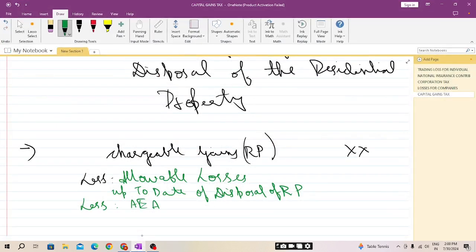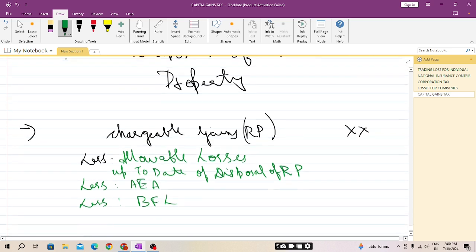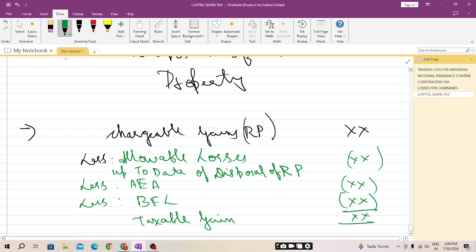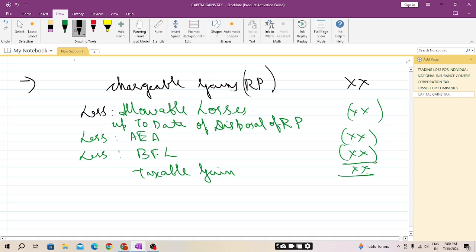That is AEA less brought forward loss will give rise to the taxable gains. I hope this is clear, students.